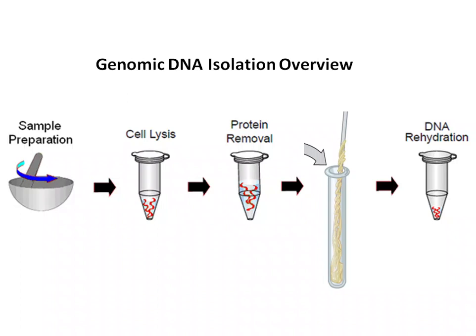Usually this lysis is done in the presence of a DNA stabilizer, which protects the DNA from getting damaged. The protein and RNA are removed by the use of the enzymes protease and ribonuclease. Finally, ethanol is added to precipitate the DNA in the form of a thread-like structure. The precipitated DNA is then spooled out and transferred into DNA rehydration buffer.